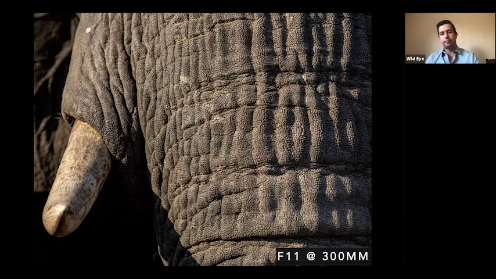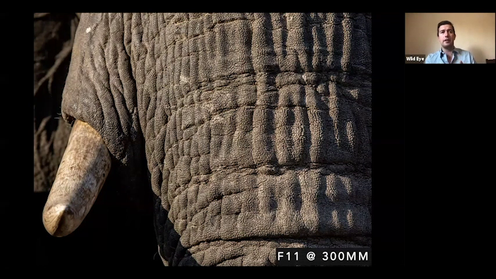All right. So again, there's no right and wrong about this, but you have to understand what you want to create. You can also go with a shallow depth of field like f4 on the trunk, but that will then mean that those tusks will be out of focus. I think you guys have probably seen a lot of close-up photographs of elephants' eyes. Again, it depends on what you want to create.